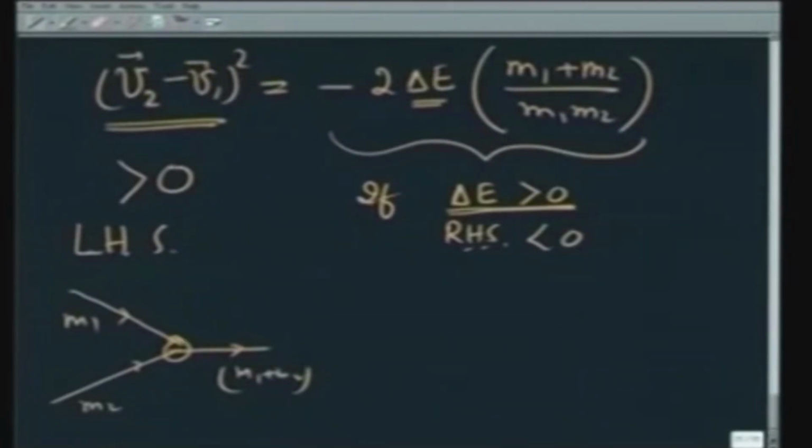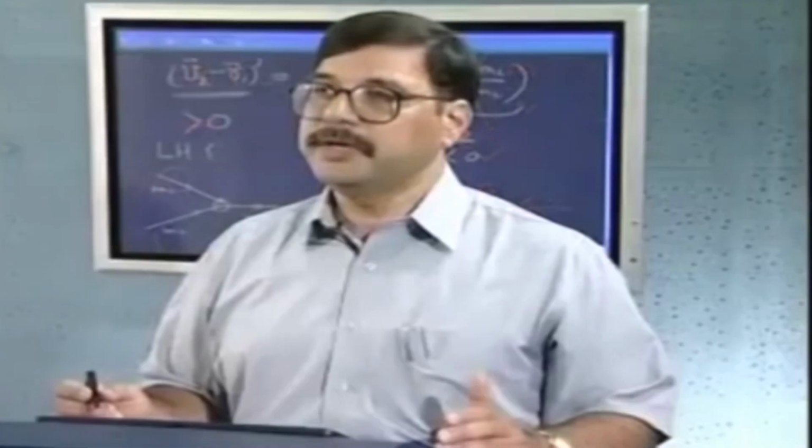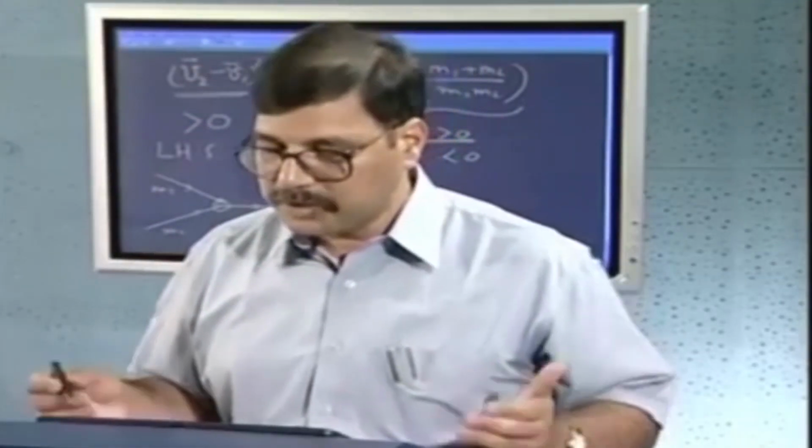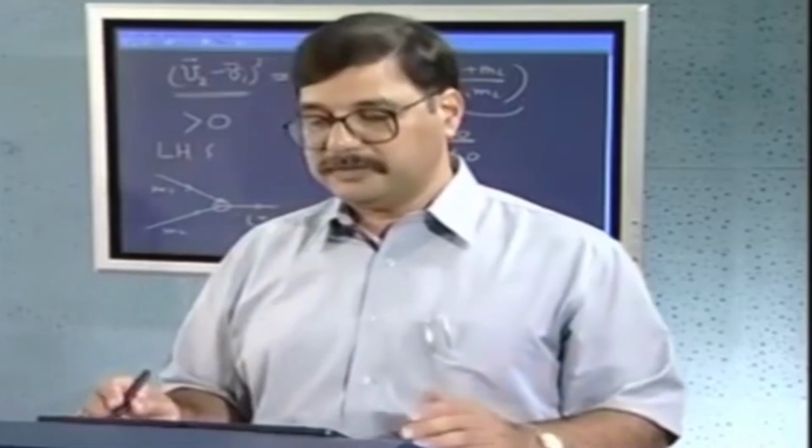So, if two particles during interaction release energy, they will never get stuck together and go out as one particle. For example, if two atoms collide and make a molecule, they will never do it in free space if during their formation of that molecule some energy is released.